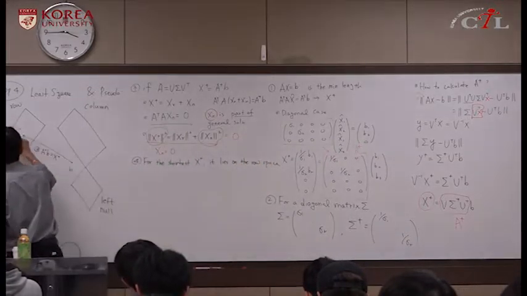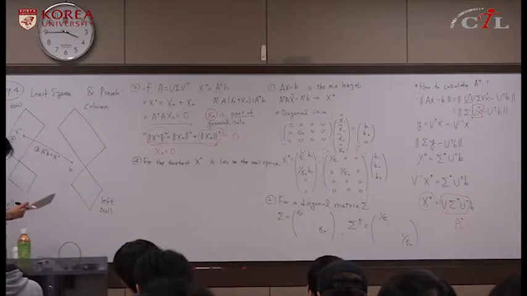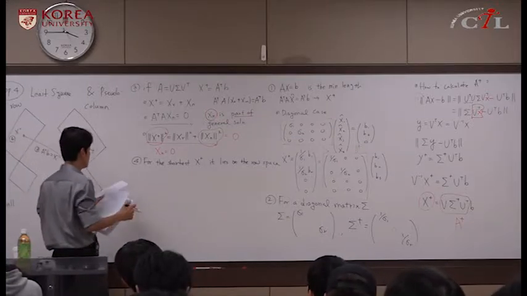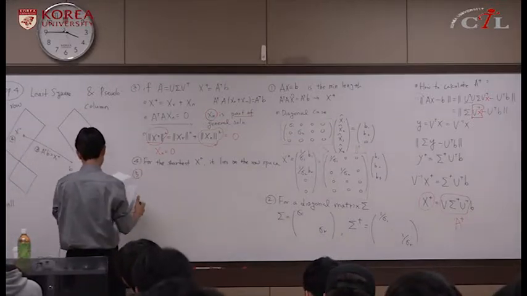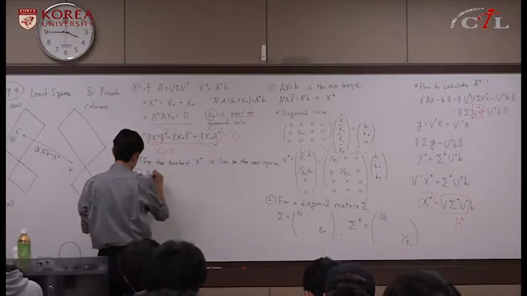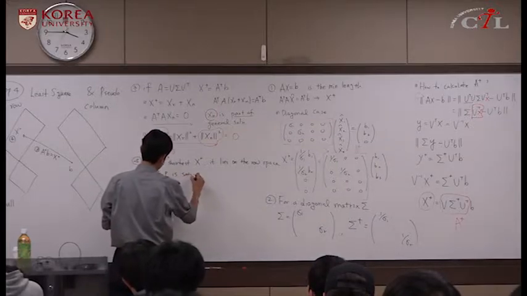So for number 4, I may write X pseudo lies on the row space. Number 5 is that A X pseudo equals P, the projection, is satisfied.